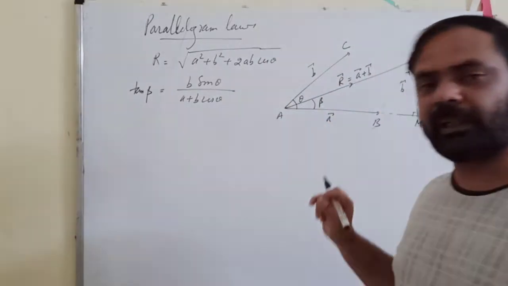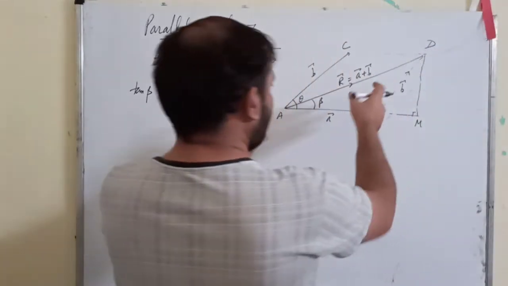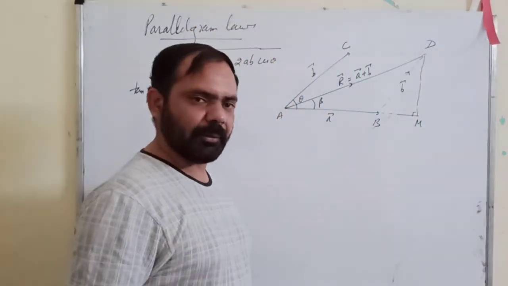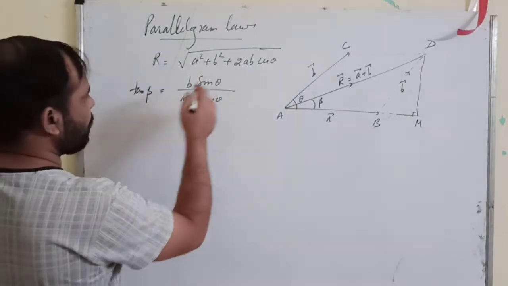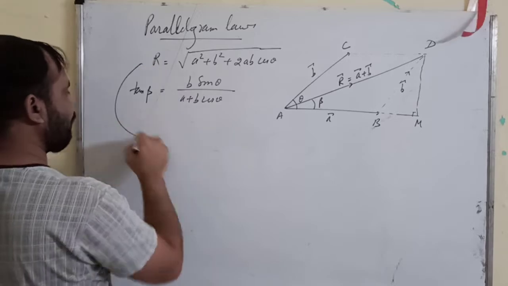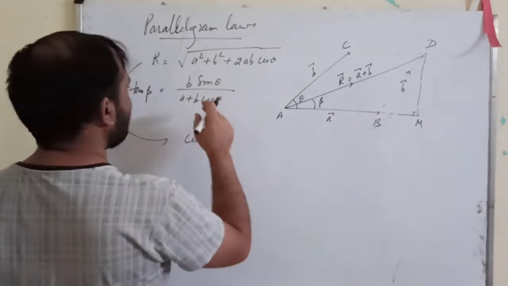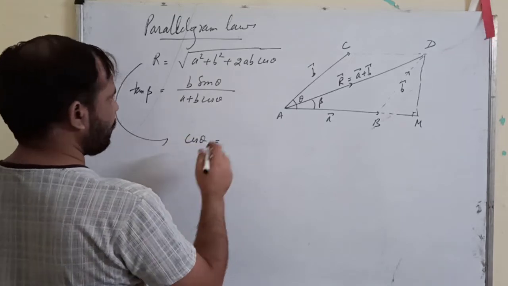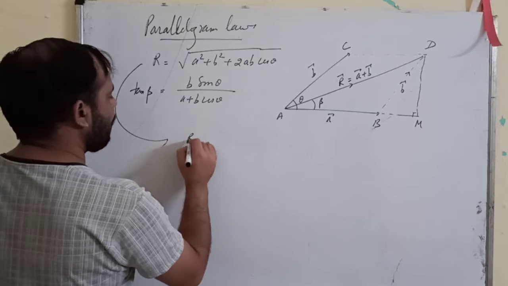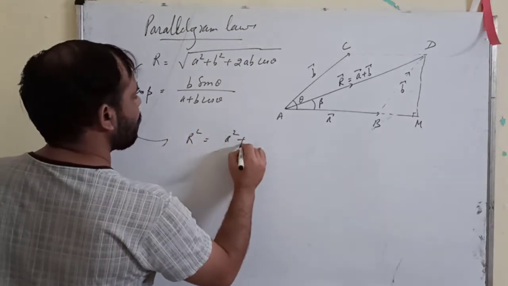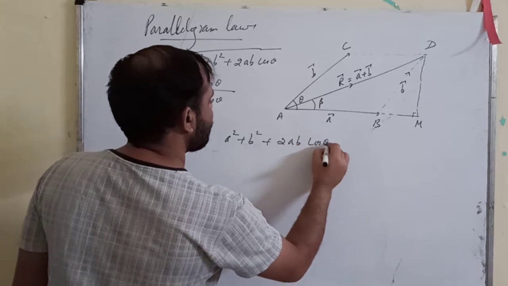अब हम इसको क्यों कर रहे हैं? Because we need to obtain a few more important formulas which we can get from this parallelogram method only. First of all, you tell me how much will be cos theta. From here you can write R square equals A square plus B square plus 2AB cos theta.